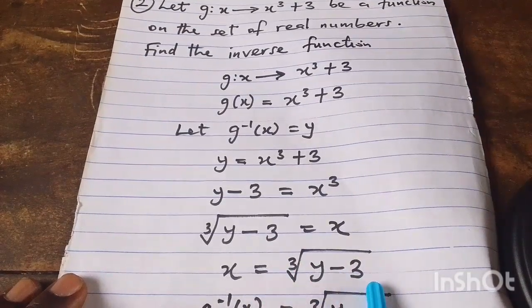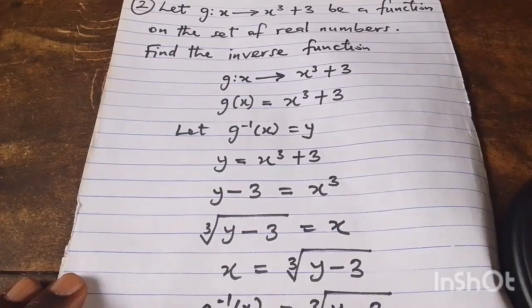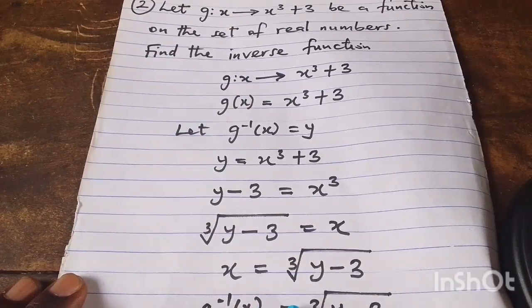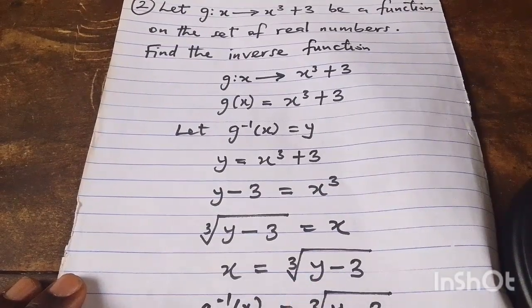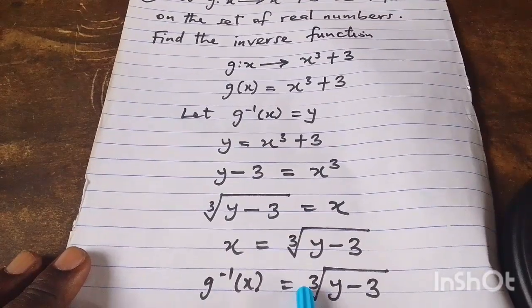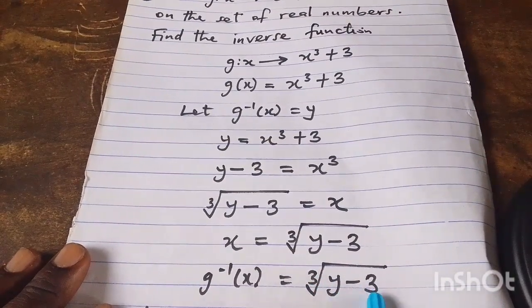Since you are equating this to y, you now realize that g inverse is the same thing as the cube root of y minus 3.